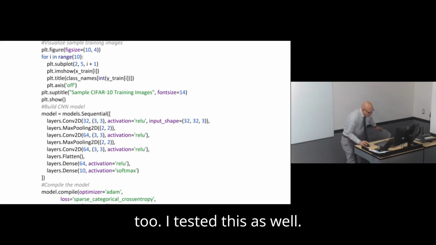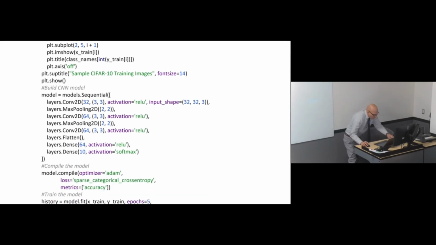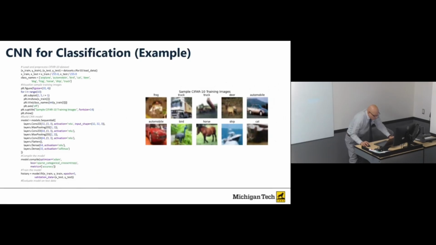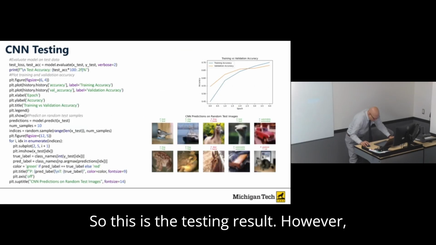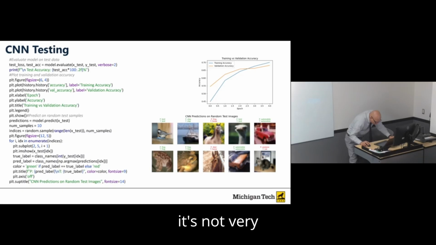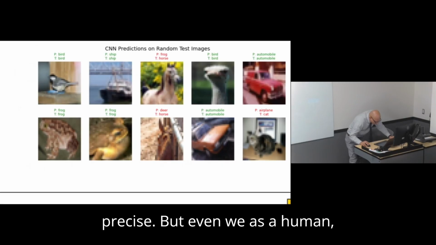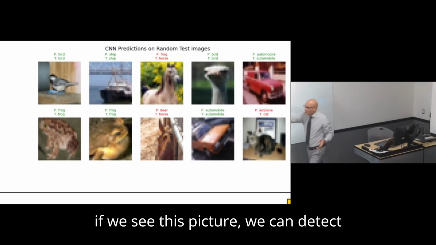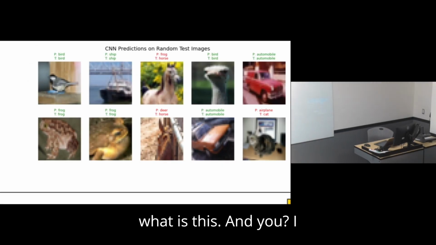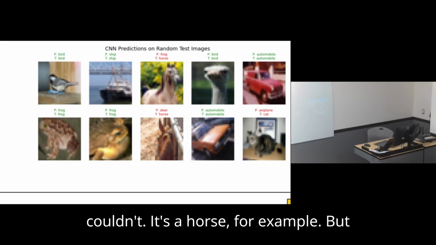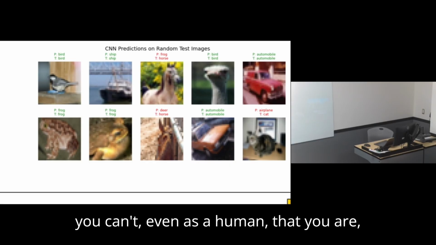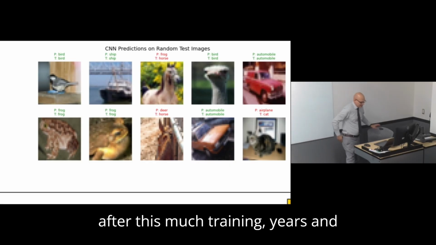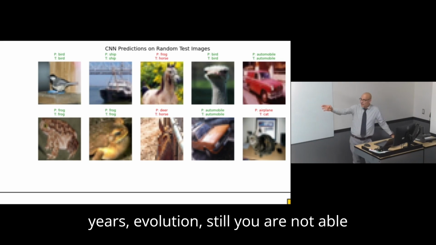And it works too. I tested this as well. So this is the testing result. However, it's not very precise, but even we as humans, if we see this picture, can we detect what it is? I couldn't. It's a horse, for example, but even you as a human, after years and years of evolution, are still not able to detect that.